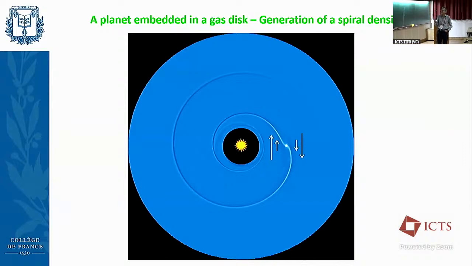That means that with respect to the motion of the planet, the disk inside the planet rotates faster, and the disk outside the planet rotates more slowly. So in a reference frame co-rotating with the planet, the fluid elements inside the orbit of the planet move this way, the fluid elements outside the orbit of the planet move that way, and so the wave is bent in the direction of the motion of the gas relative to the planet.